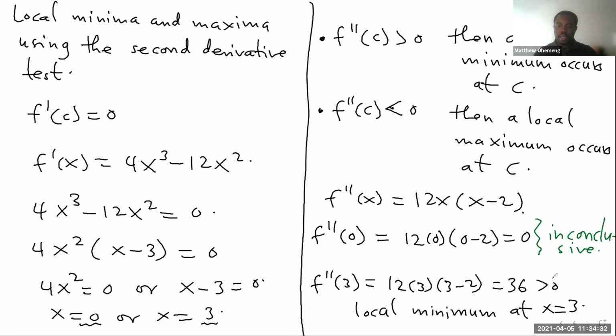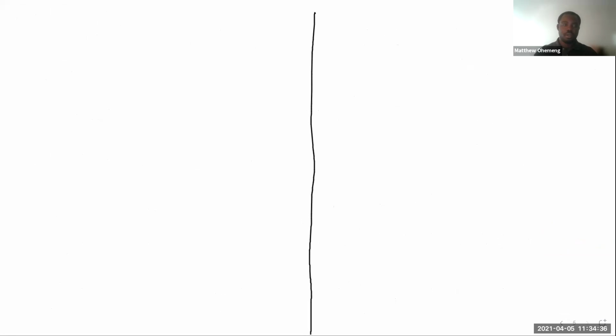Okay, then let me move on. There is a local minimum value at x equal to 3.